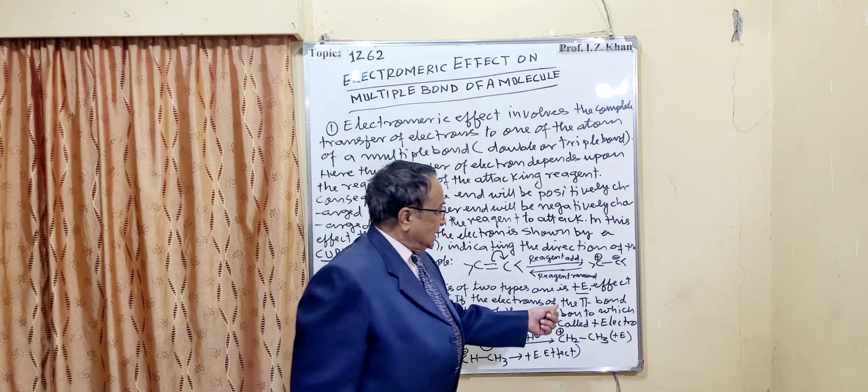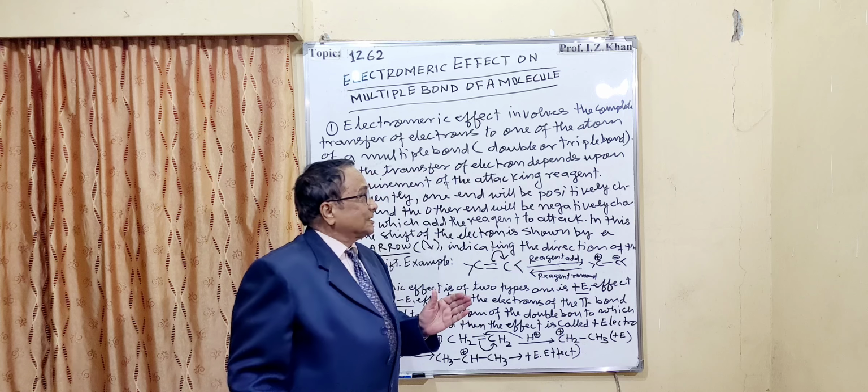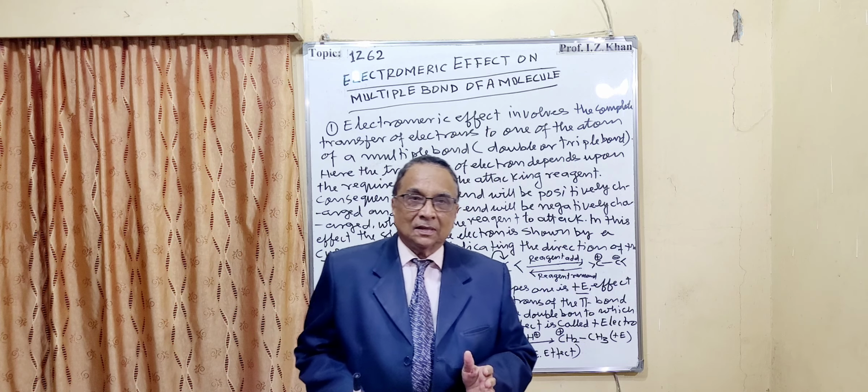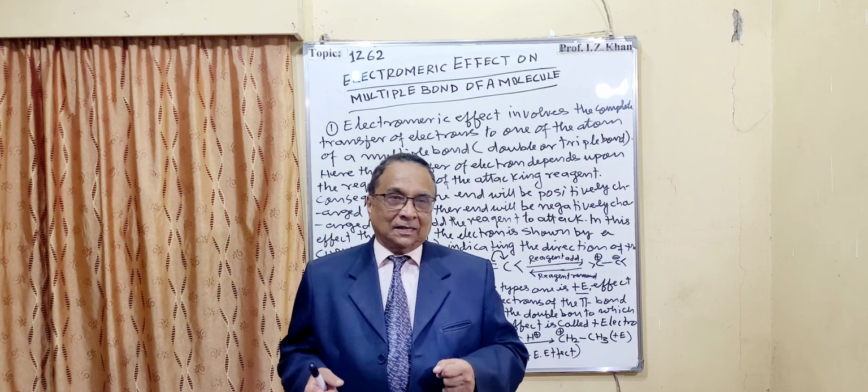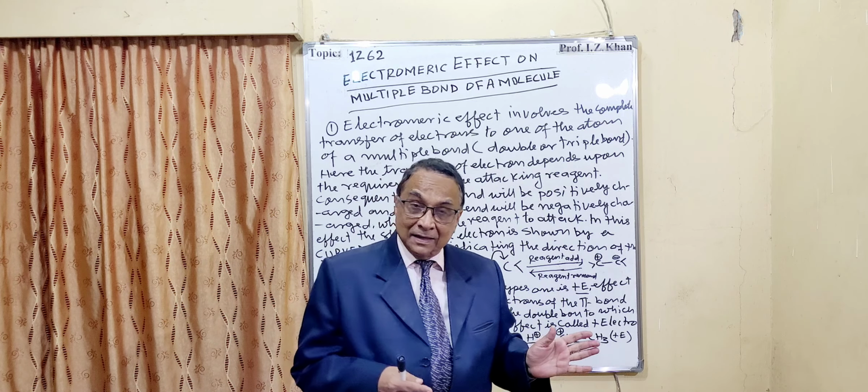In the previous lecture, I explained the sigma bonding and sigma electrons. Here there is transfer of electrons from the pi bonding, pi overlapping or pi electrons. So now the students should understand what a pi electron is.